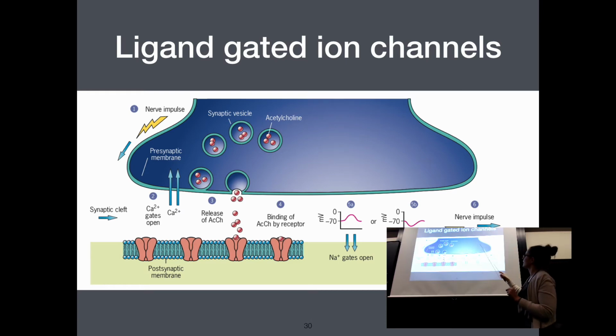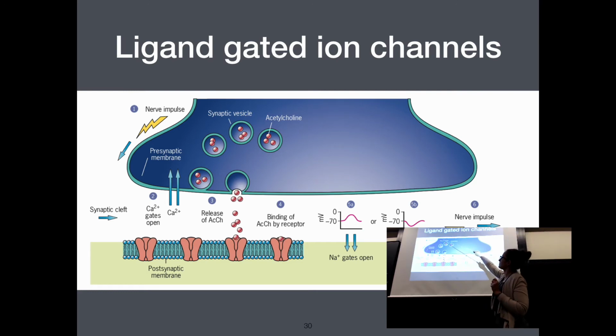But then the electrical signal reaches the end, and it needs to be transported to the next cell. The way it does this is through so-called neurotransmitters. You've heard about GABA and acetylcholine and that sort of thing. These are all neurotransmitters.